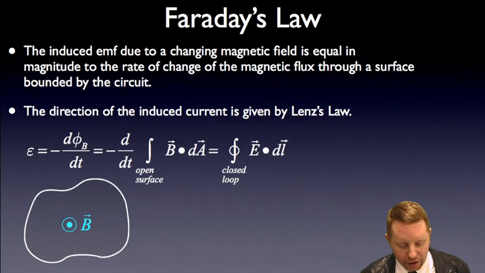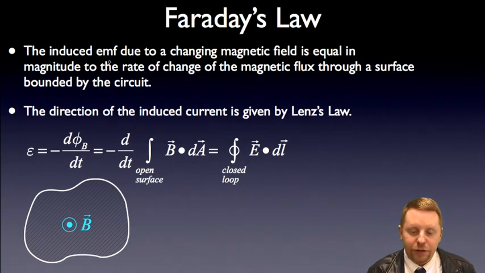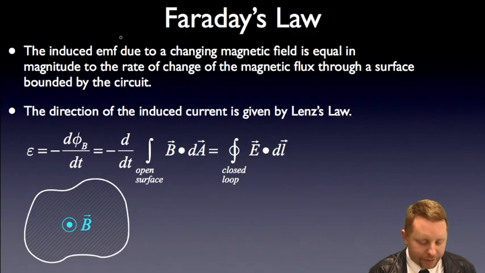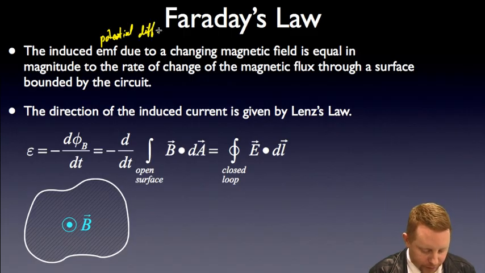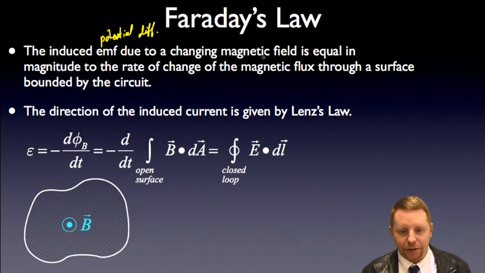So let's start by talking about Faraday's law. The induced electromotive force, EMF, or induced potential difference, if you prefer, induced voltage, due to a changing magnetic field, is equal in magnitude to the rate of change of the magnetic flux through a surface bounded by the circuit. And the direction of that induced current is given by Lenz's law.